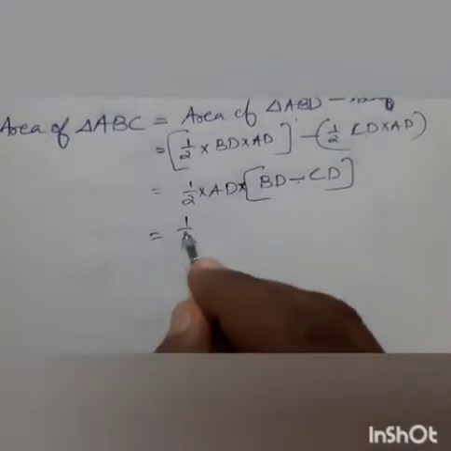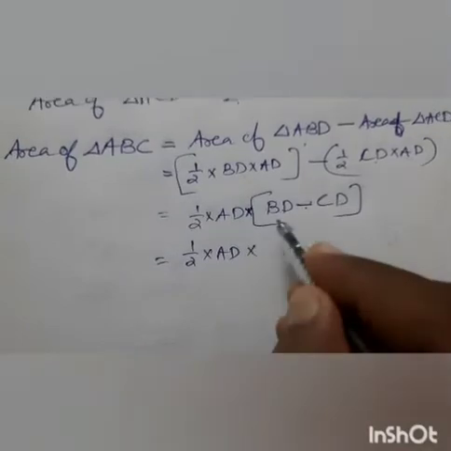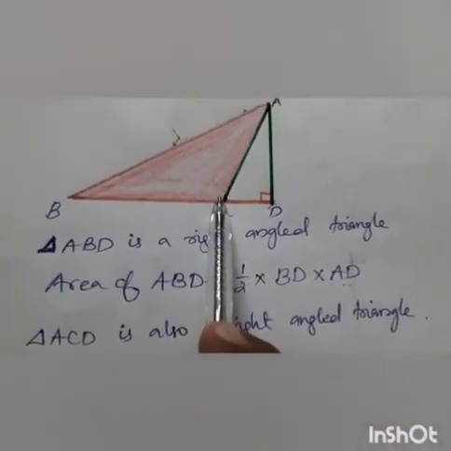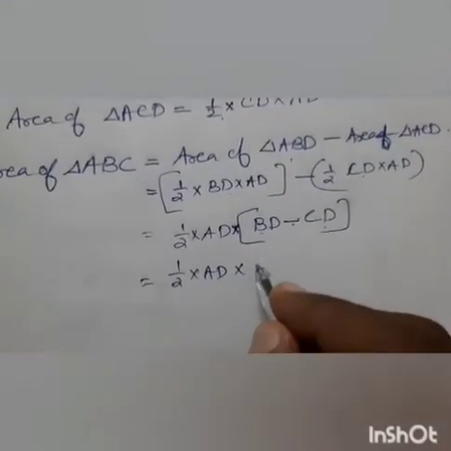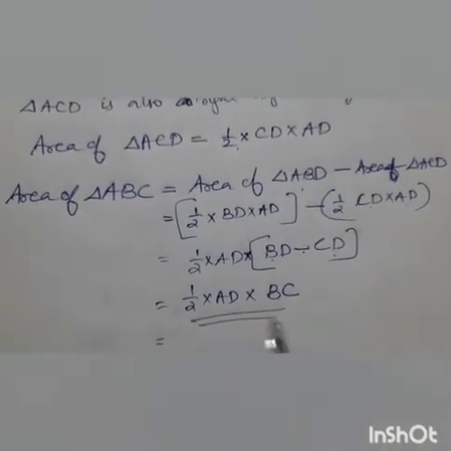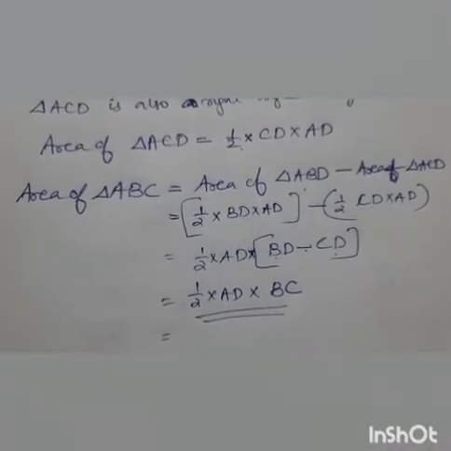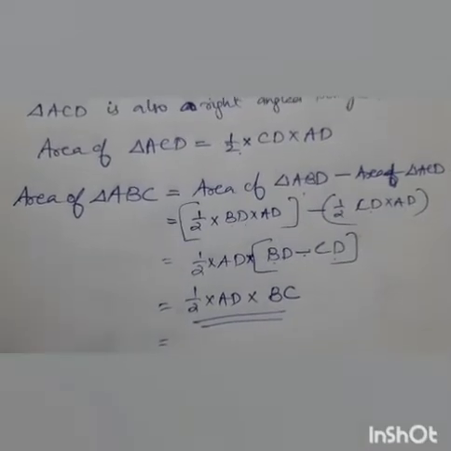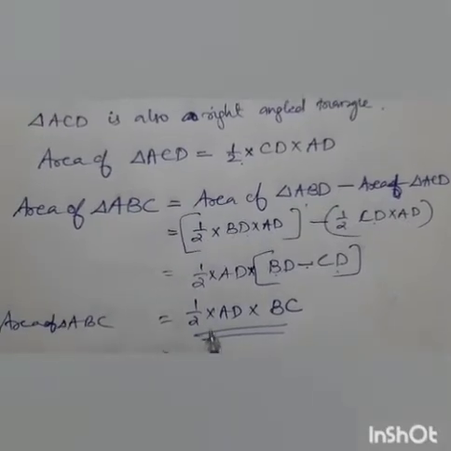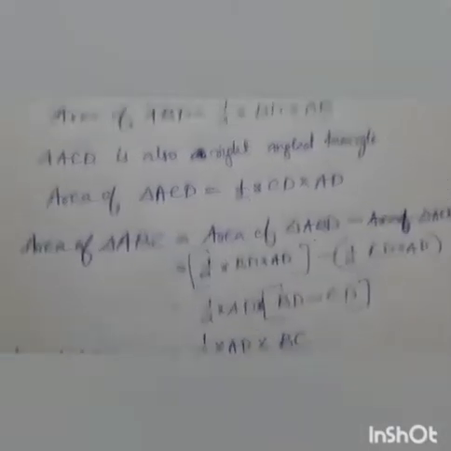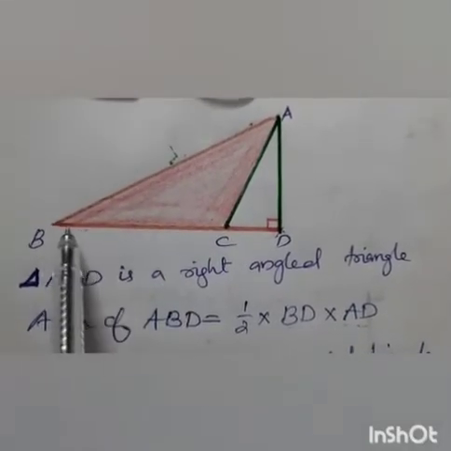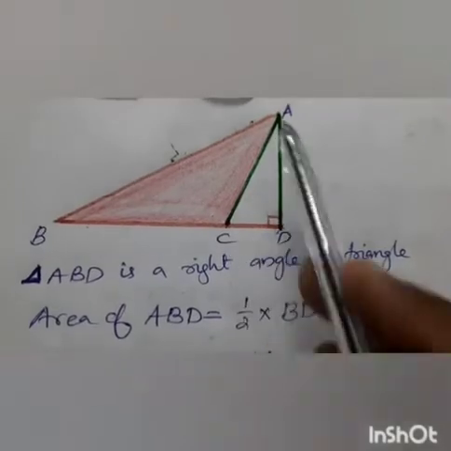So half into AD into BD minus CD, as already told, is the shaded length, so it should be BC. So this is the area of the shaded triangle. Area of which one? ABC. Triangle ABC is equal to half into AD into BC. So area of shaded portion is equal to half into BC into AD.